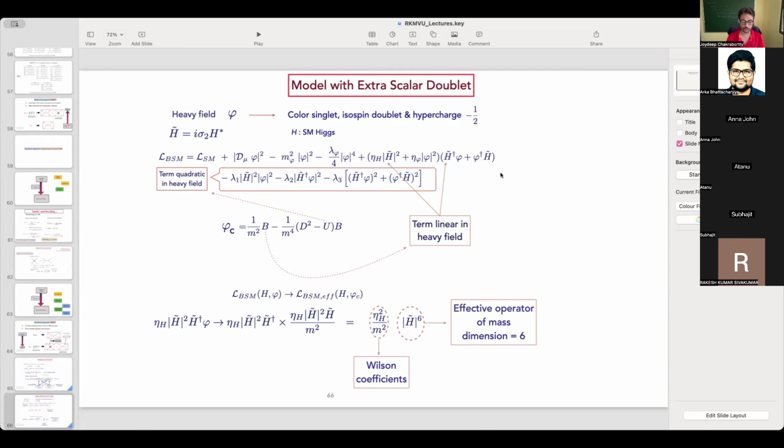You don't need to worry about the IR divergences. So in matching for effective operator generation, you don't need to worry about UV divergences. UV divergence will appear in the process of integrating out, but that will affect only operators with mass dimension less than or equal to 4.